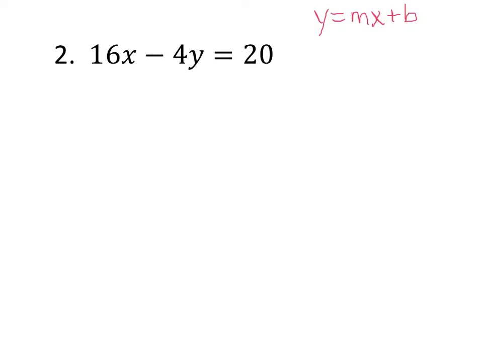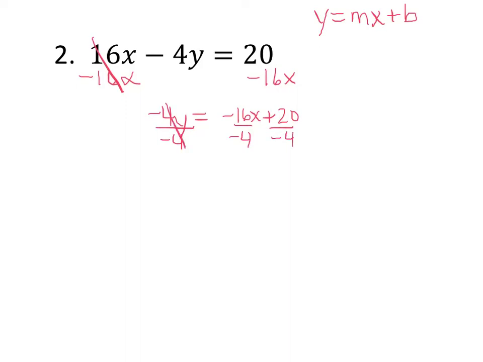Problem number 2, we want to get y by itself, so let's subtract the 16x over to the other side. So we're going to have a negative 4y equals negative 16x plus 20. Let's divide by negative 4. We're going to do that everywhere.